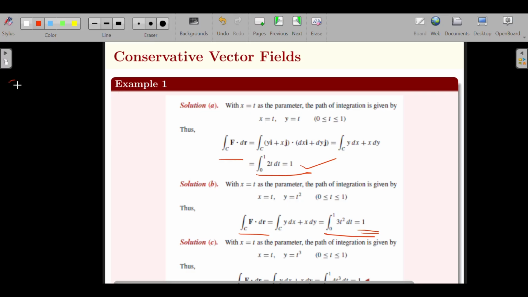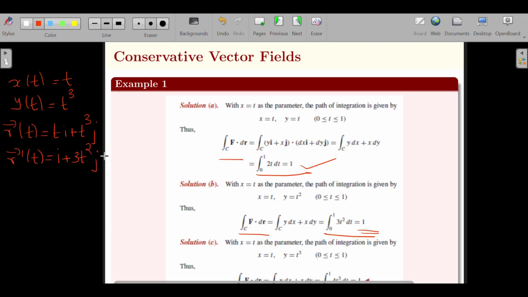So along y equal to x cube, x of t is equal to t, y of t is equal to t cube. Similar to the last problem, r of t will be t i plus t cube j. Calculating r dash of t, it will be i plus 3t square j.